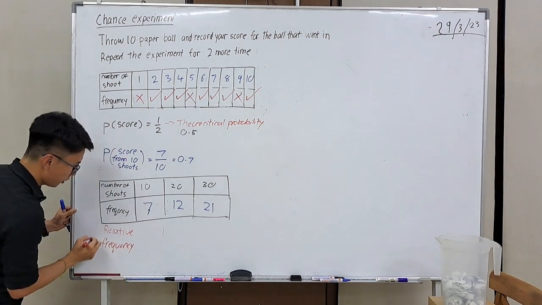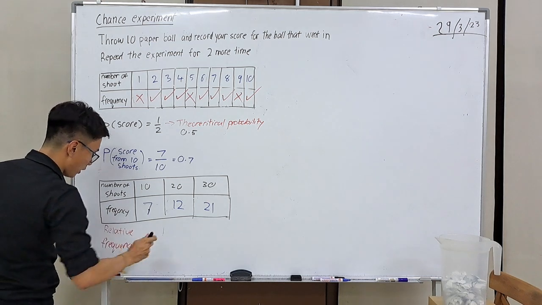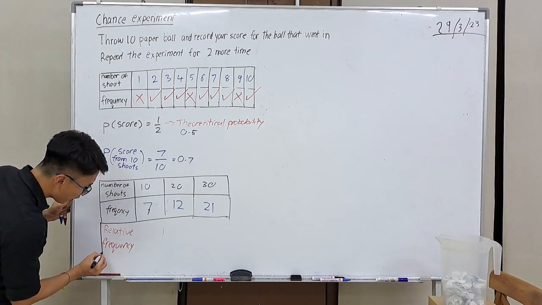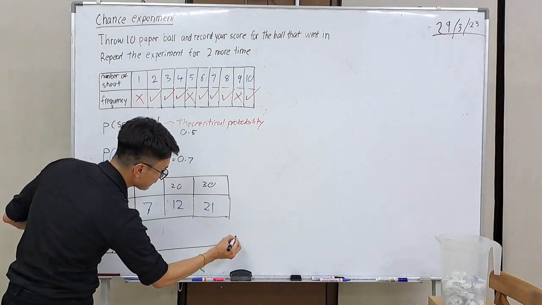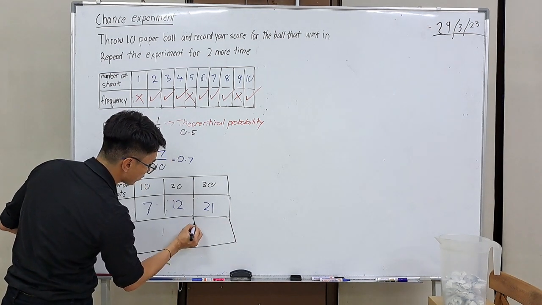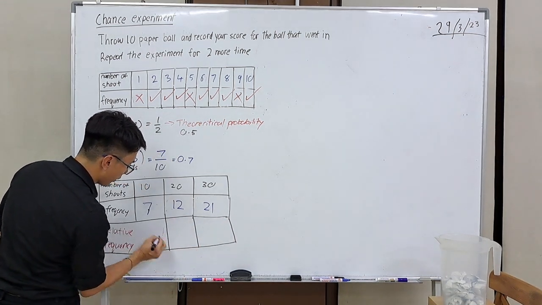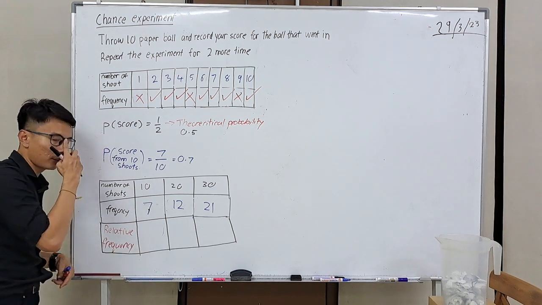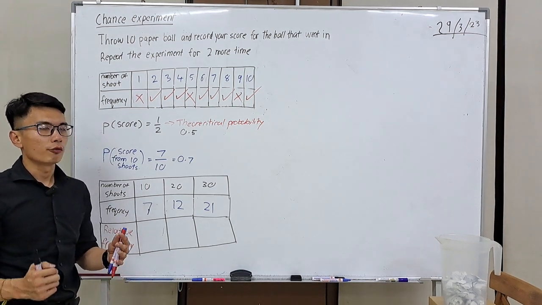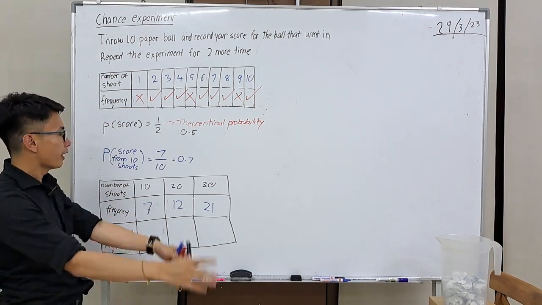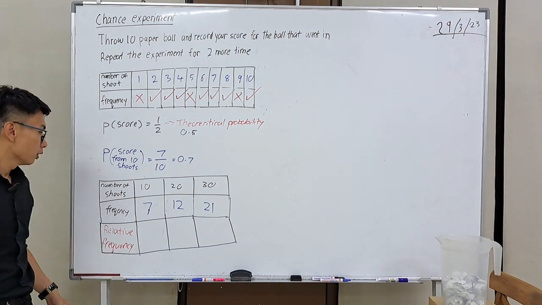We call it the relative frequency. When you see the word relative frequency, it has the same meaning as probability, the probability of that experiment.